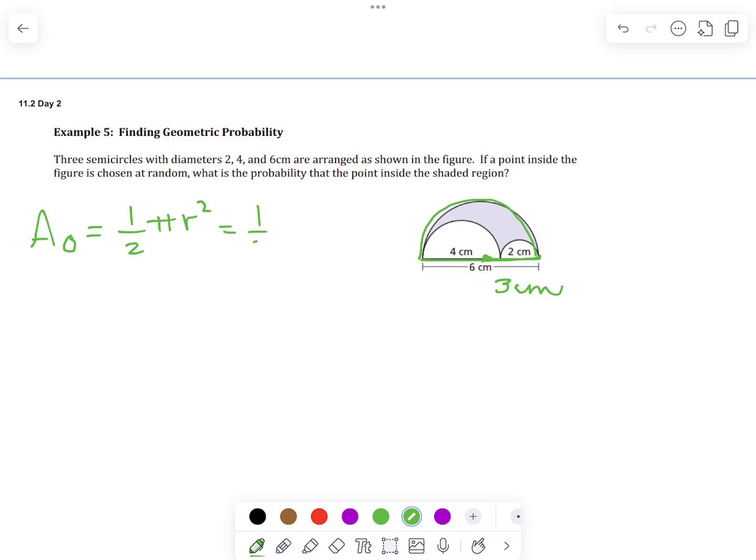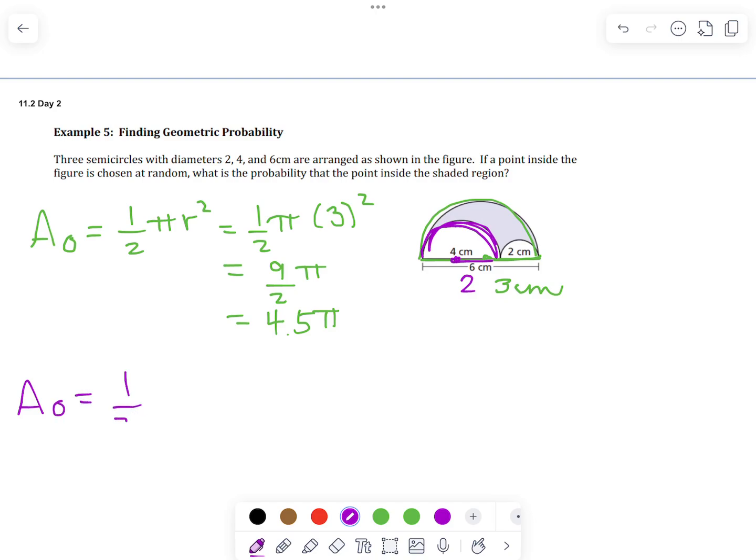So that'd be 1/2 pi times 3 squared, which is 9 divided by 2 pi, or 4.5 pi. Then we need to find the area of this region here. So that semicircle has a radius of 2.